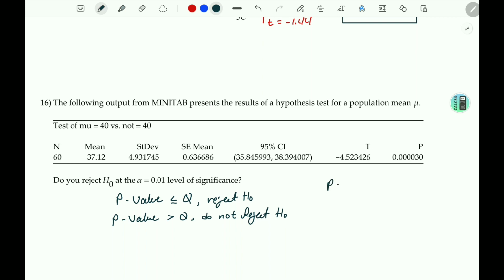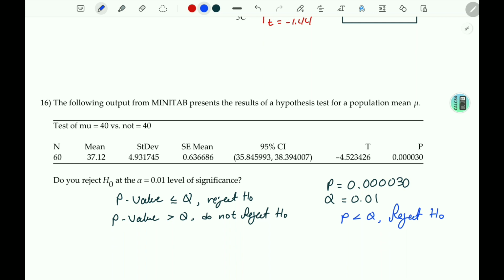Our p-value is 0.000030, and alpha is 0.01. As we can see, p is less than alpha. Because p is less than alpha, we're going to reject the null hypothesis.